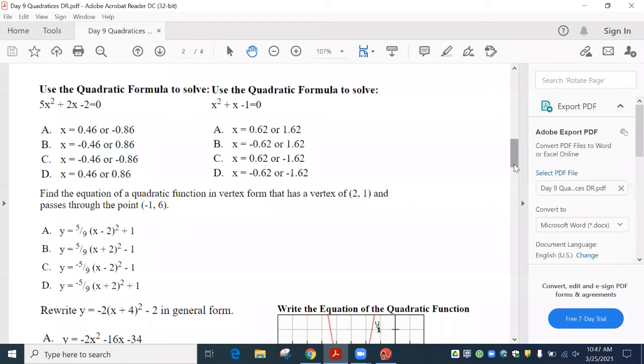All right, so we're typing that one in. All right, so menu 5-1. That's good. So that would round to 0.62, right?